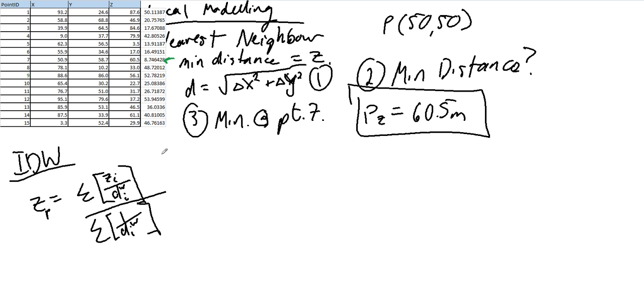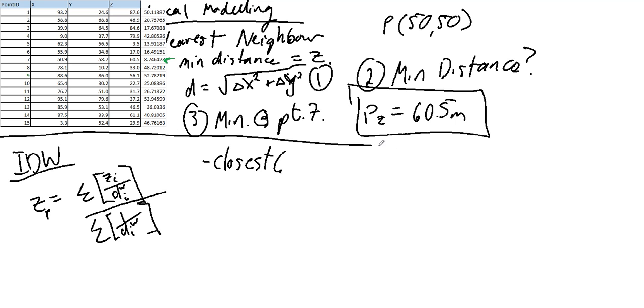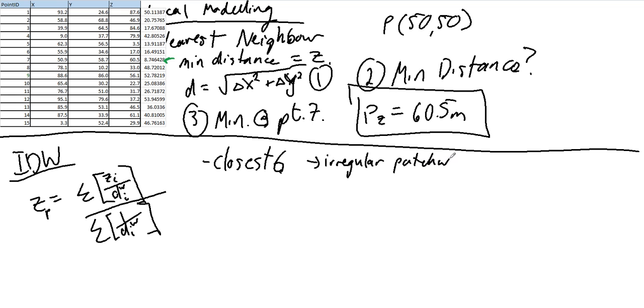So what I do, just to keep things simple, I'm going to say the closest 6. We're going to use the closest 6 for this. Because I'm stating the number of points, this is an irregular patchwise function, right? So I'm going to look for the closest 6. So where are my closest 6?